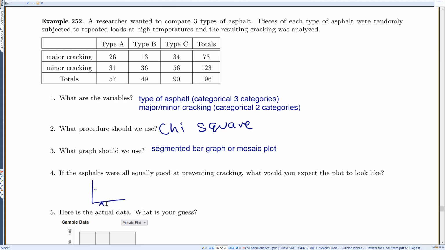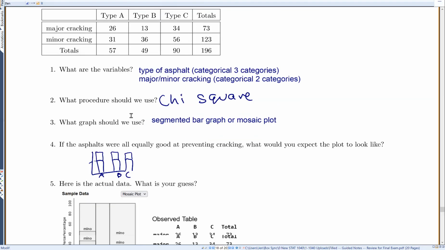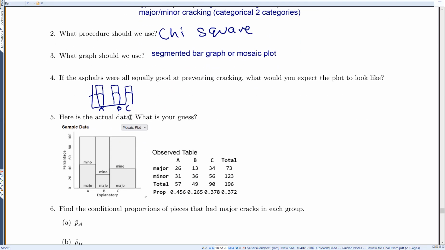I would think it would be something like, so here's your A, B, and C. And I would think all of their proportions of major cracking would be the same. So I don't know exactly how this breaks out, but all of the proportions should be the same across the 3 groups.